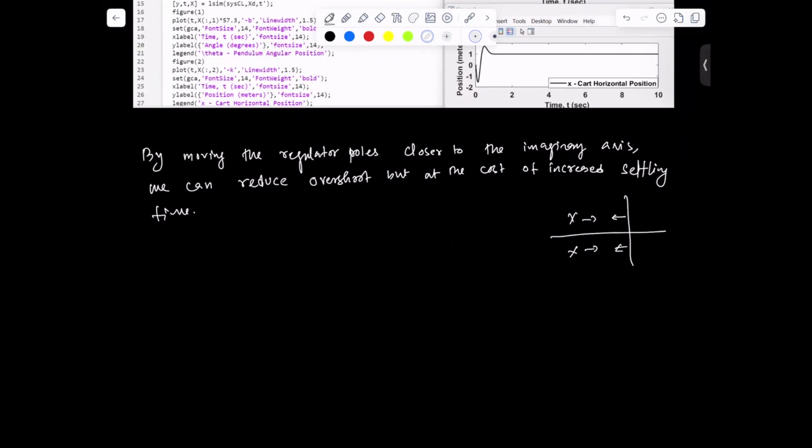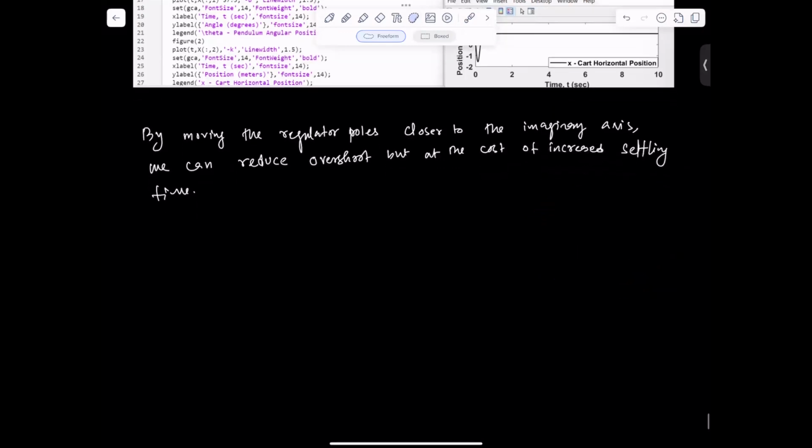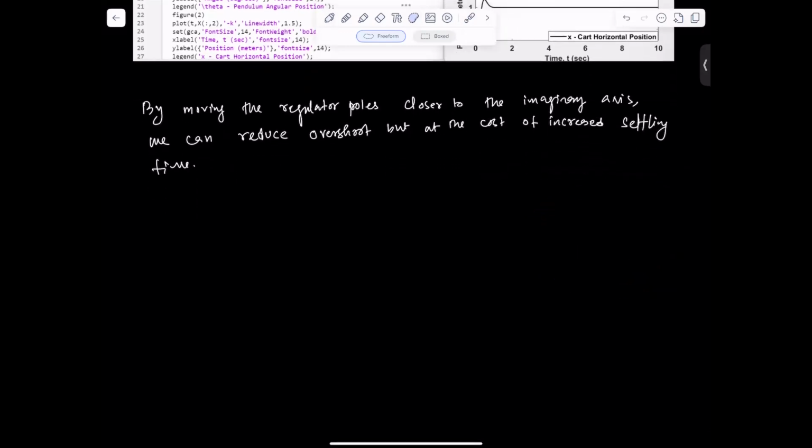It means basically we are putting more damping into the system. Damping reduces the overshoot and undershoot, but settling time will increase. Right? That is what we discussed in classical control.